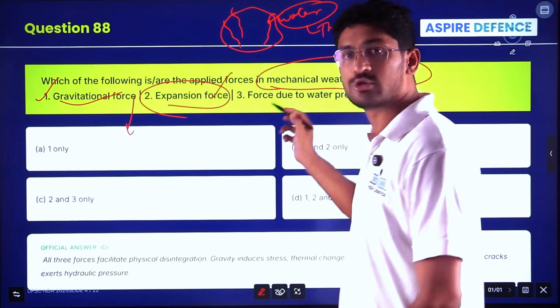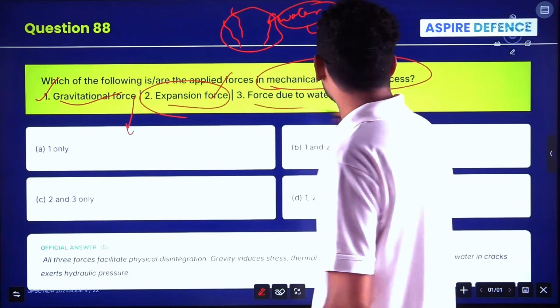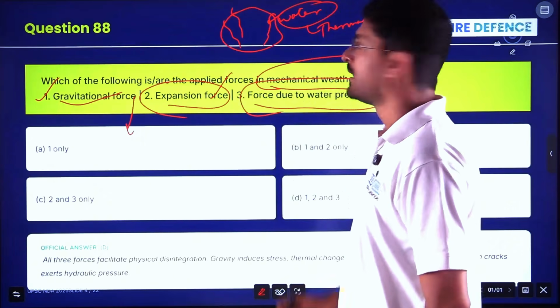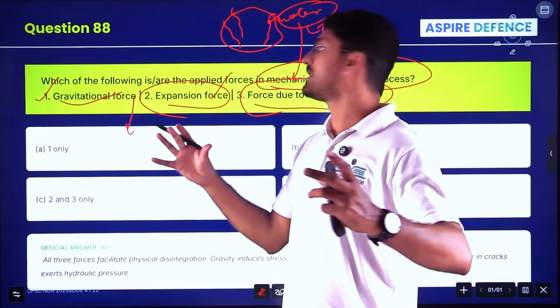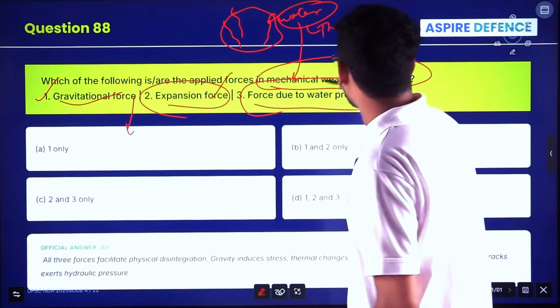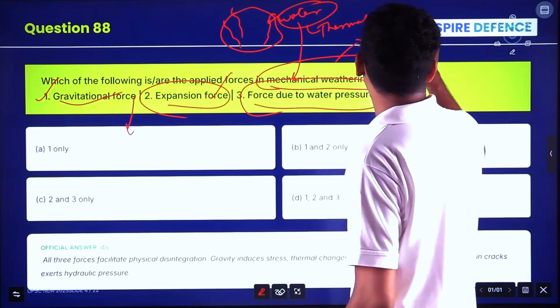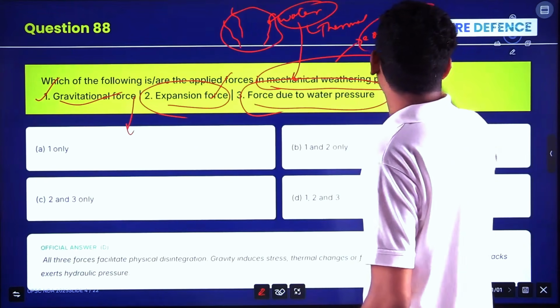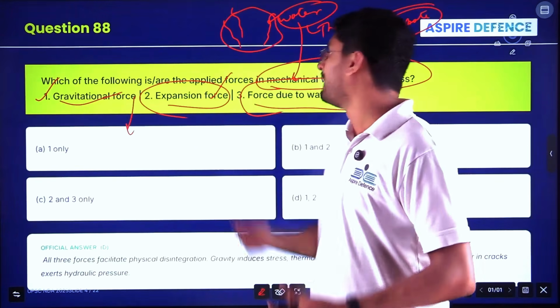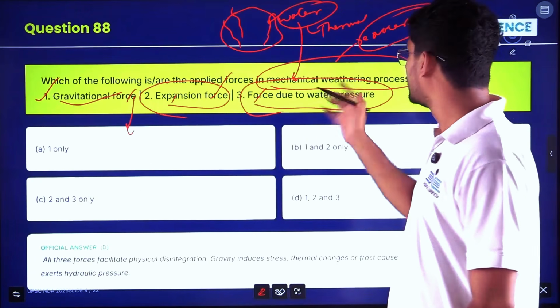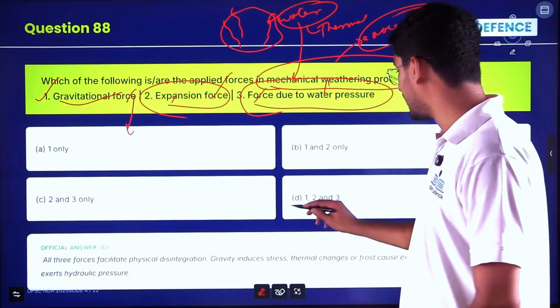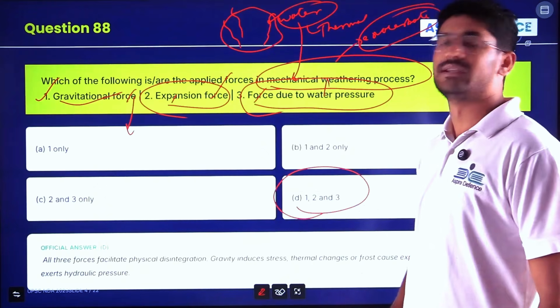So expansion force also leads to mechanical weathering. Force due to water pressure: if water is there, it will exacerbate the process, that means it quickens the process of mechanical weathering. So these are all the agents or applications used in mechanical weathering in nature. So the answer is option D.